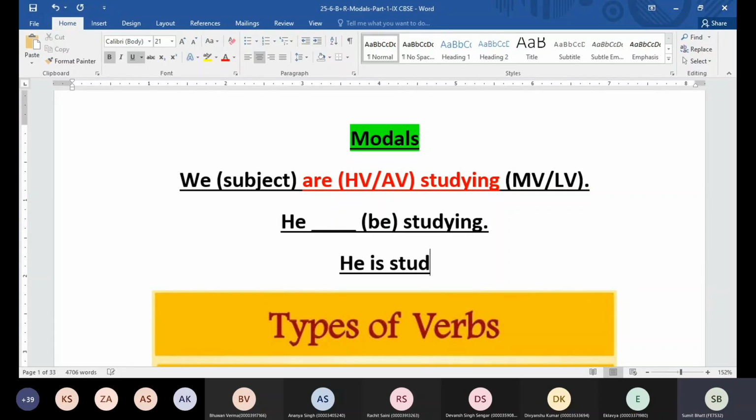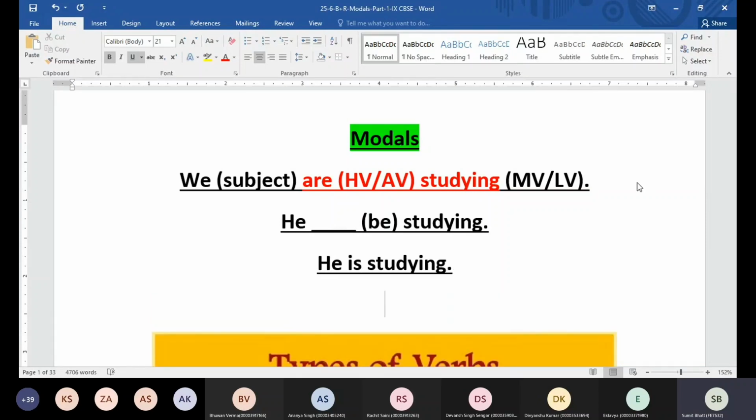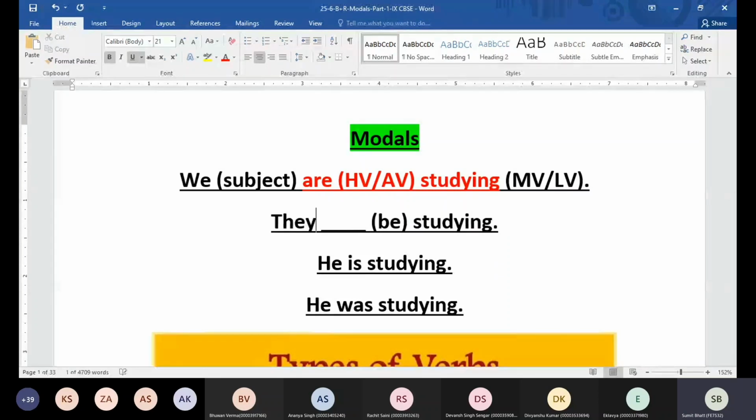If I want to say something in the past time, what will I say? He was studying. Now if you change this "he" into "they," I'm going to say "they are studying," or in the past, "they were studying."